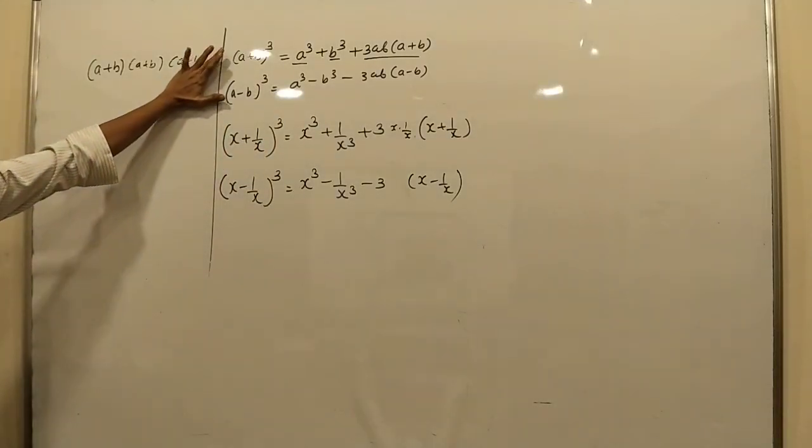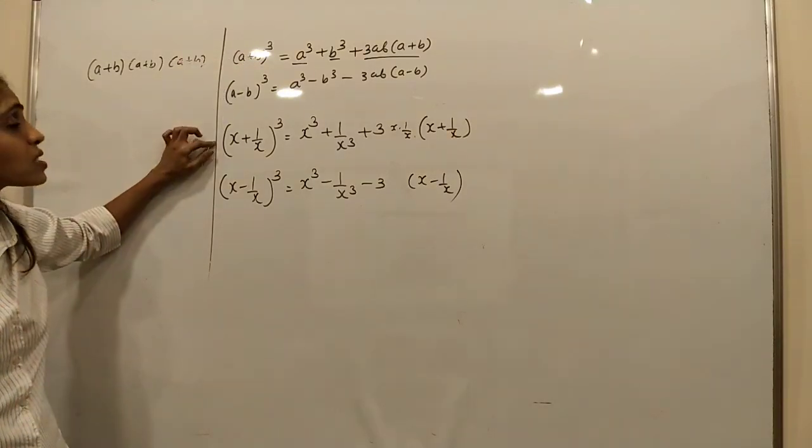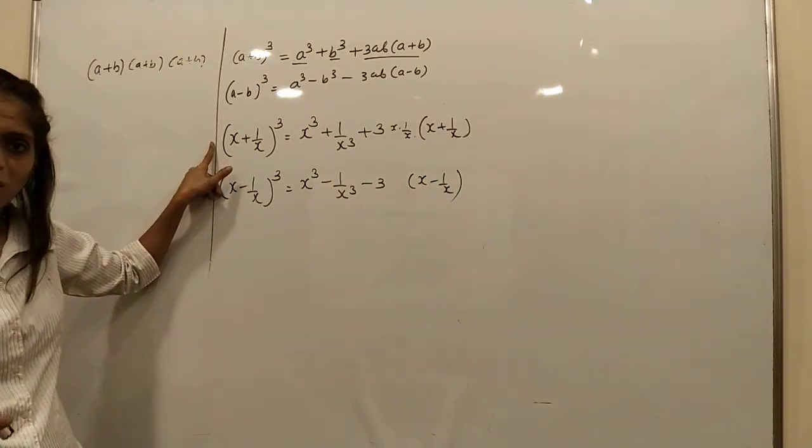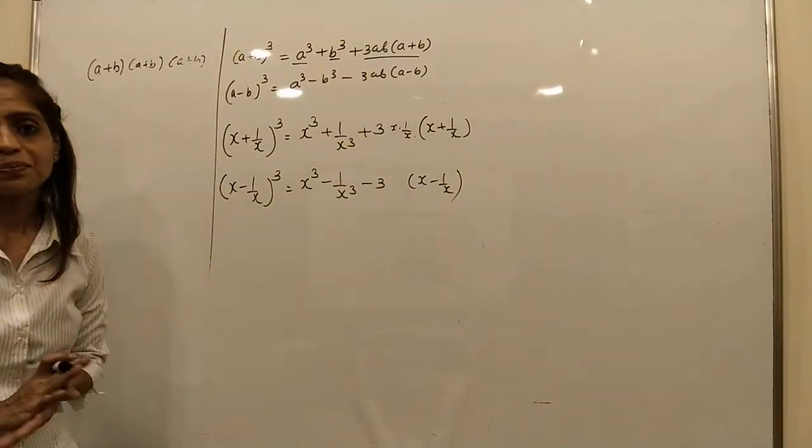These are the formulas in a plus b, and this is the version of x plus 1 upon x. But both are the same.